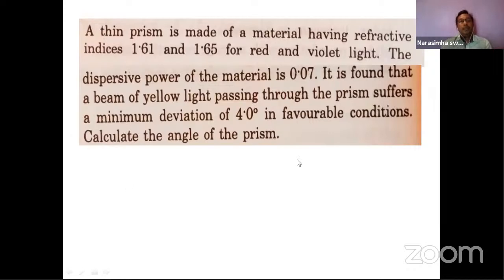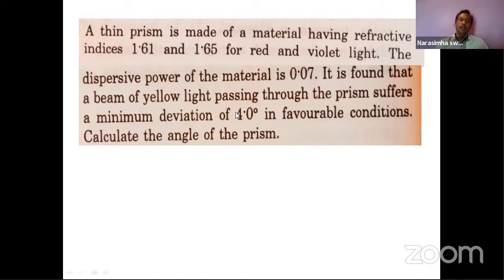Right? A thin prism is made of a material having refractive indices 1.61 and 1.65 for red and violet light. The dispersive power of the prism is given as 0.07, and it is found that the yellow beam passing through the prism suffers minimum deviation.